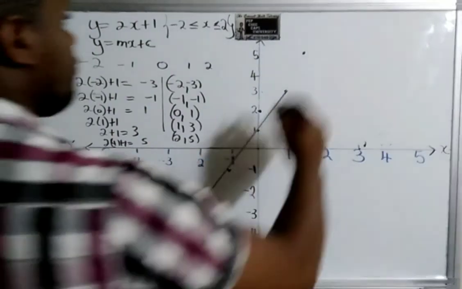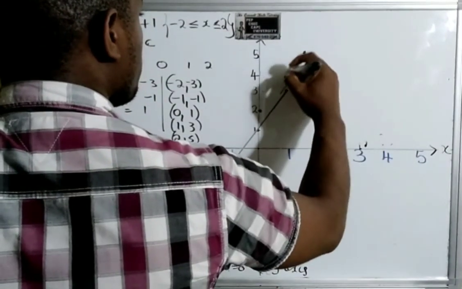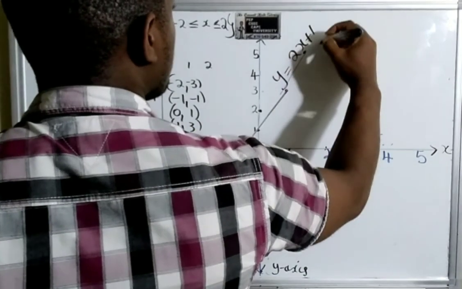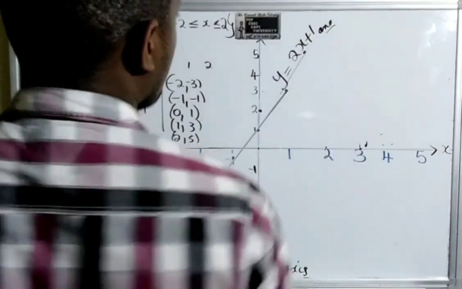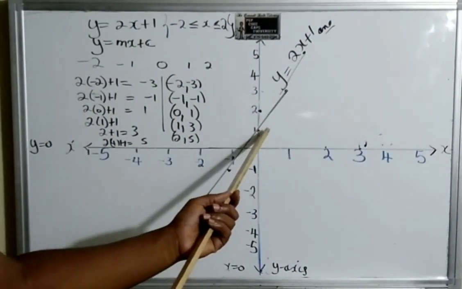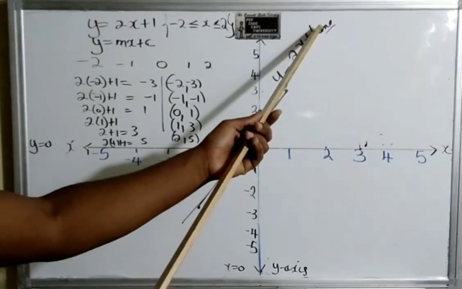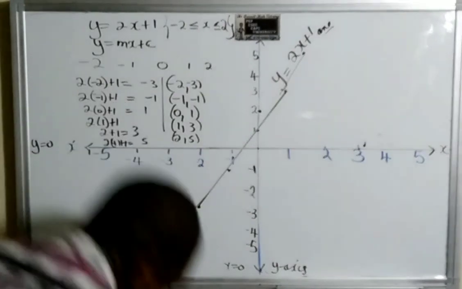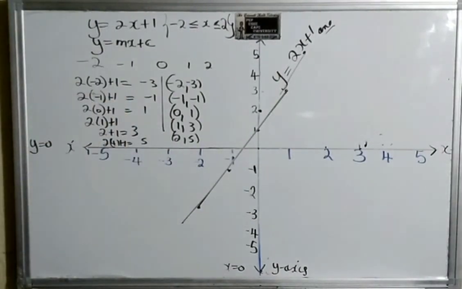But before you finish, you need to label it: y is equal to 2x plus 1. And see, the graph cuts the y-axis at positive 1, and we have a gradient of 2. But I'll be showing you the gradient in the next video.